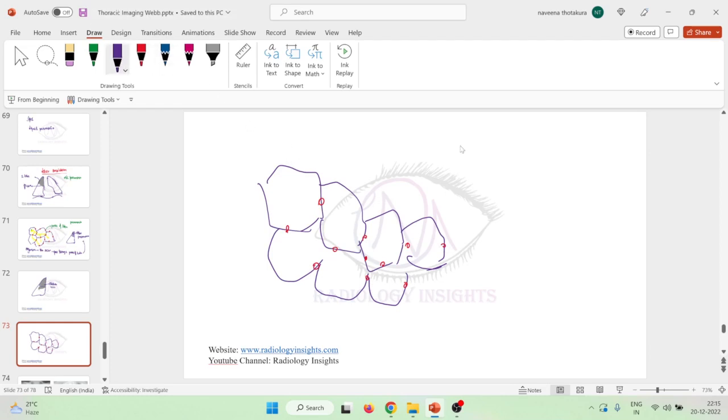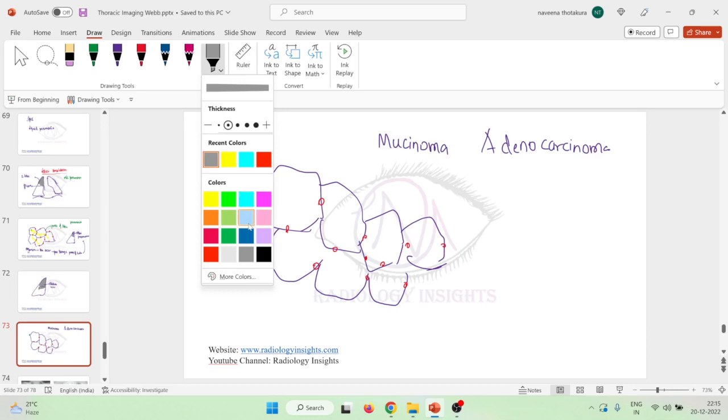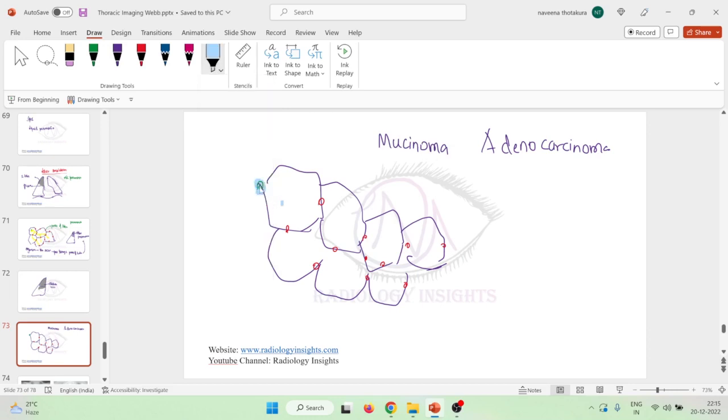carcinomas, especially adenocarcinoma of lung, whenever there is adenocarcinoma, that too the mucinous type, the malignant cells can spread from one part of the alveoli. They might involve one alveolus first, and slowly they spread into other alveoli and one more alveolus.